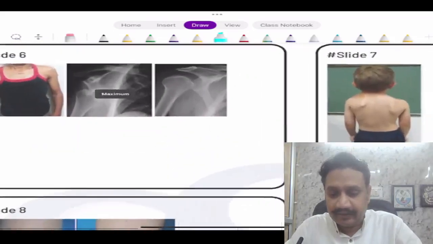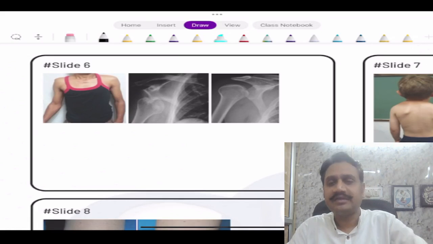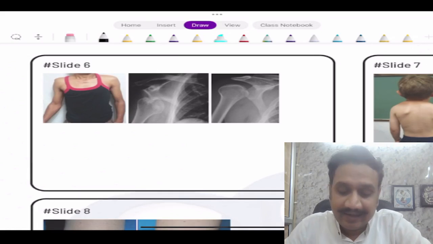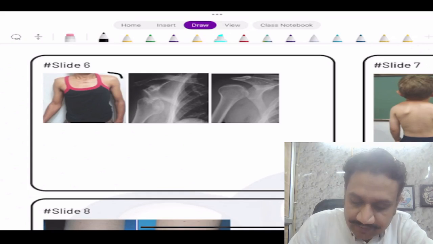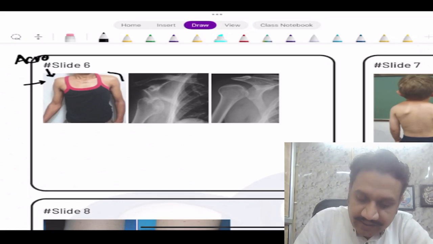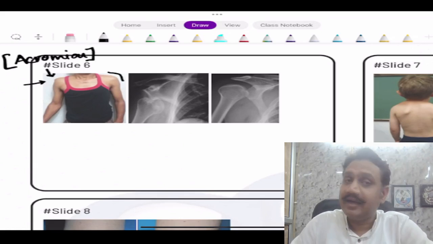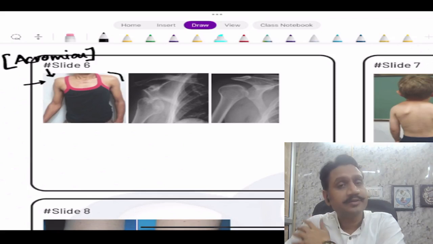Then you see this kind of x-ray, which has been repeated multiple times in your examination. If you find a patient in your exam where one side of the contour of the shoulder is maintained and on the other side the contour is lost, and you can see a bony prominence, what exactly is that? This bony prominence has to be the acromion.